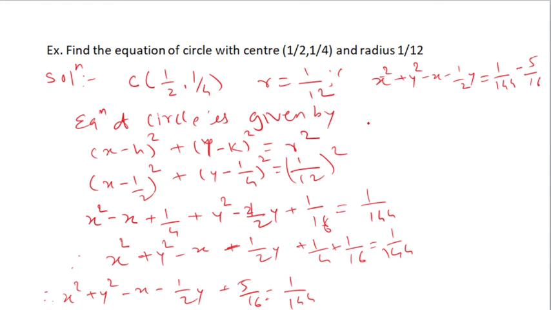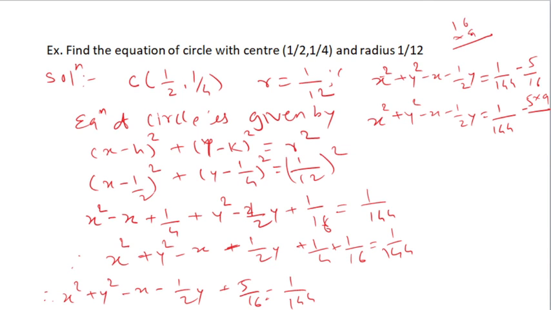Now we have to find the LCM here. How to find LCM here? 16 multiplied by 9, that is 1 upon 144 minus 5 into 9 upon 16 into 9.